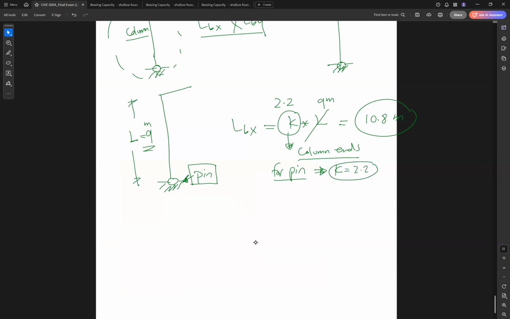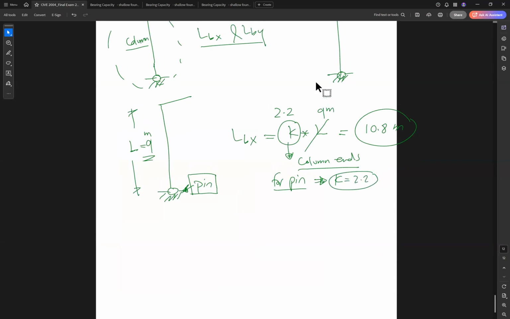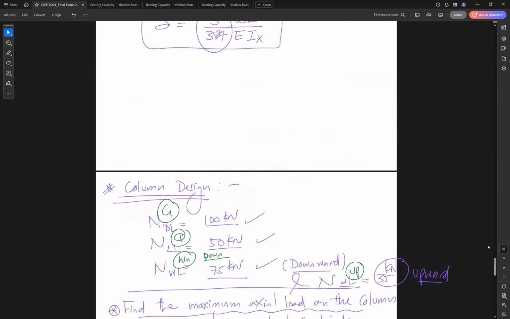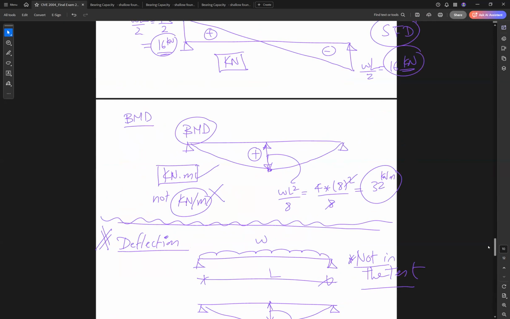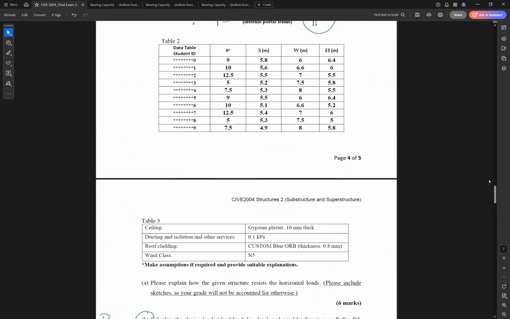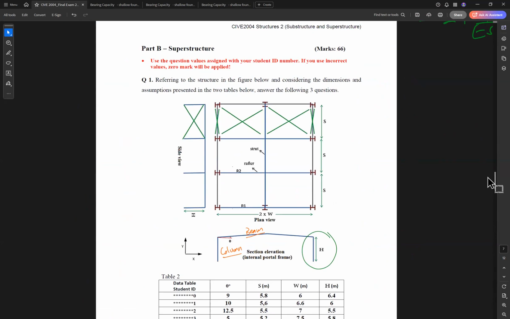Can you go back to the actual drawing, the warehouse? It is not given. In the exam? Yes, because I am just making a new question, so this was not in the question. I will add something like this, so it should be given to you to know if it's fixed or hinge.